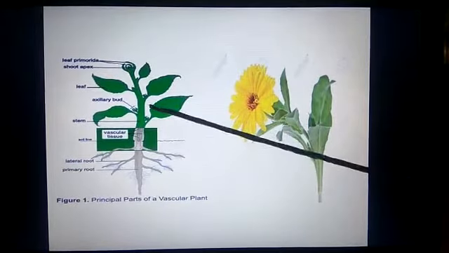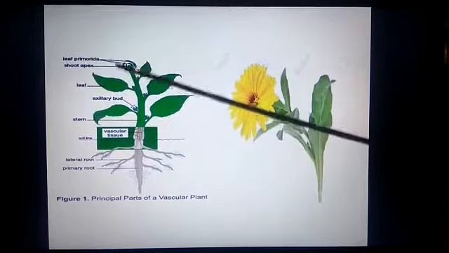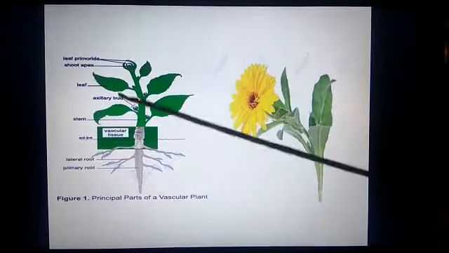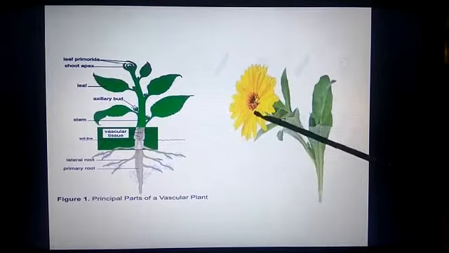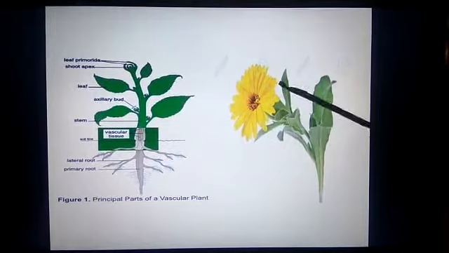But once this plant attains maturity, the shoot apex will directly undergo modification to form the floral parts. How will the floral parts form?